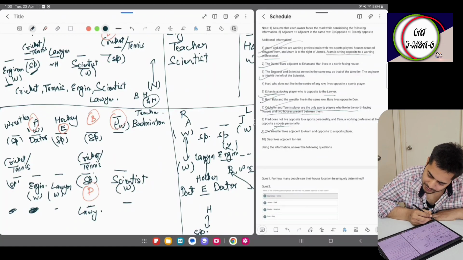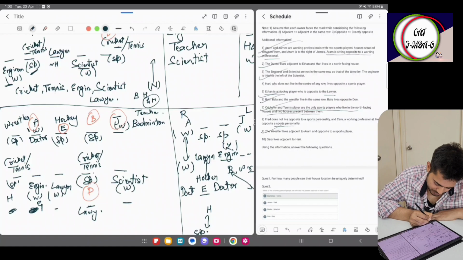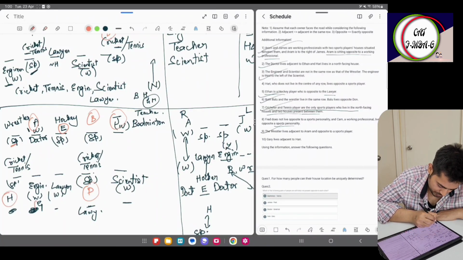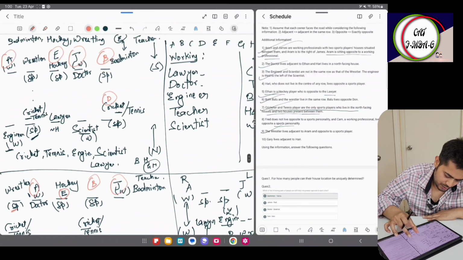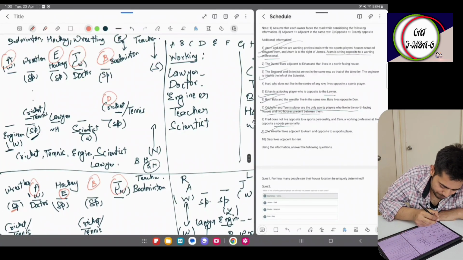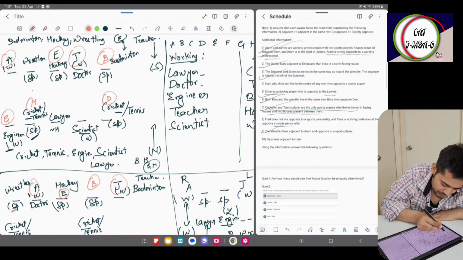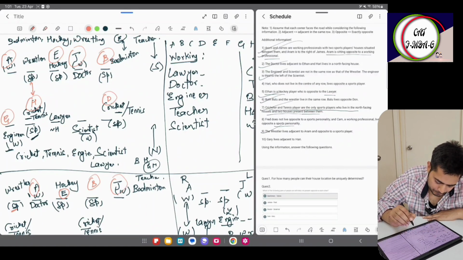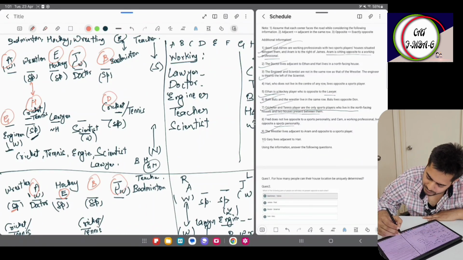And Harry lives opposite a sports player. So this has to be H. This has to be G because opposite sports player. Okay. So G, H. Similarly, in the case 1, this has to be G, this has to be H because opposite a sports player. Okay. Now what else is given?